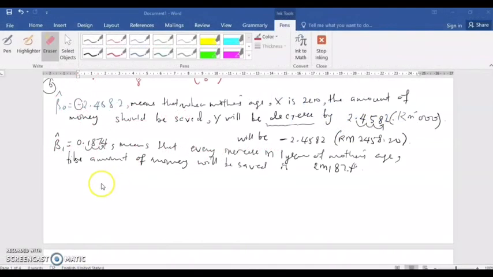Okay, so let's continue with our question C, which is to find the coefficient of determination. So in order to find the coefficient of determination, previously our R is 0.8725. Okay, so 0.8725, if you want to find the coefficient of determination, you need to find R square, which means you square this value of the coefficient of correlation.